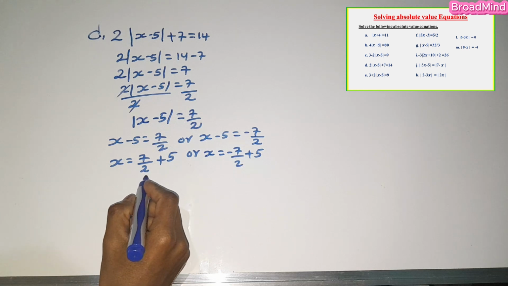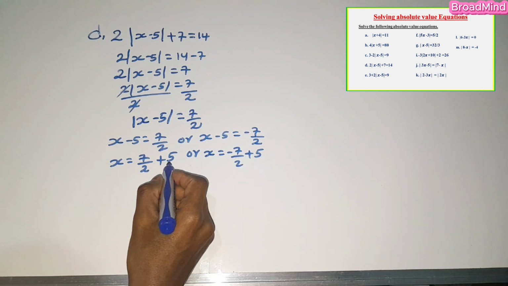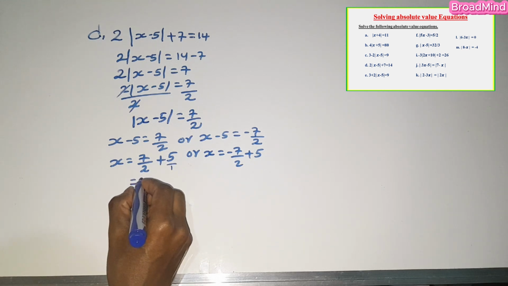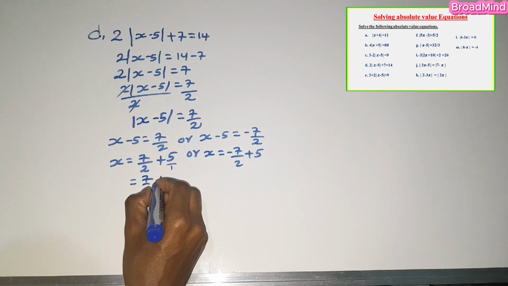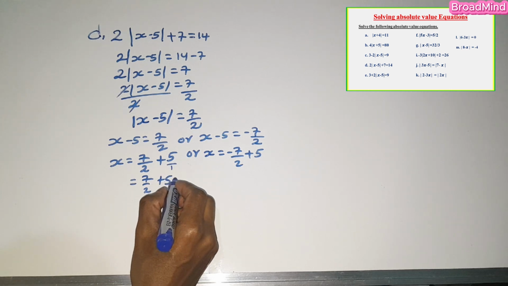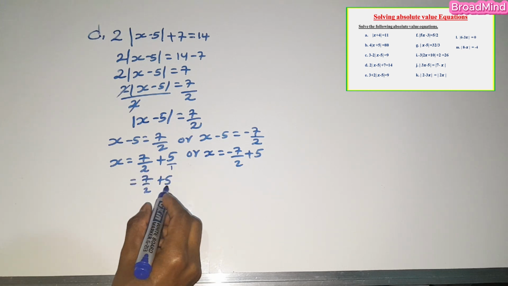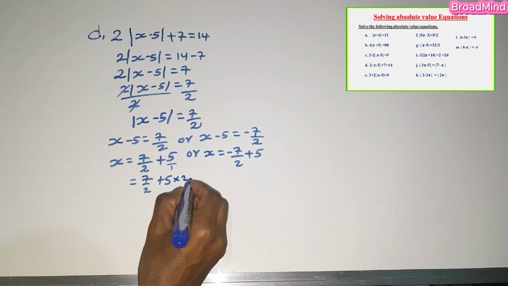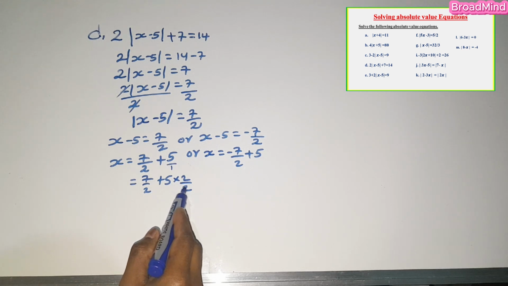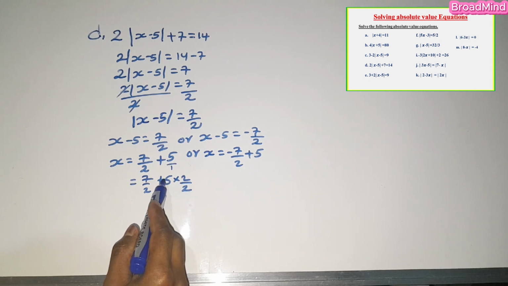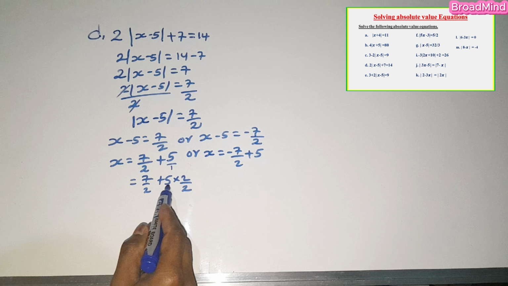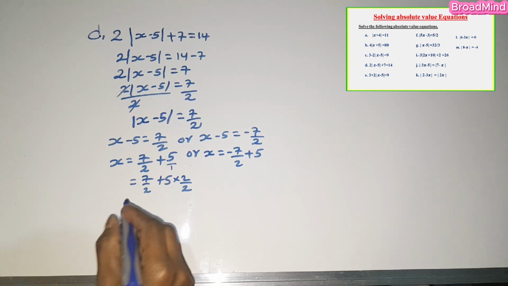So before we add fractions, how to make equal denominators. 7 over 2 plus 5. To make equal denominators, we have to multiply 5 here by 2 over 2, 2 divided by 2 is 1, multiplied by 5. I took 2 as the denominator to make both fractions have equal denominators.